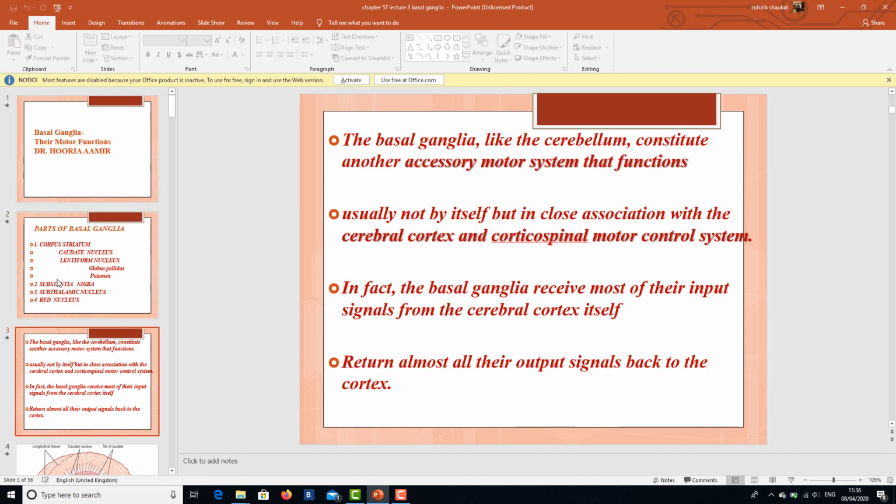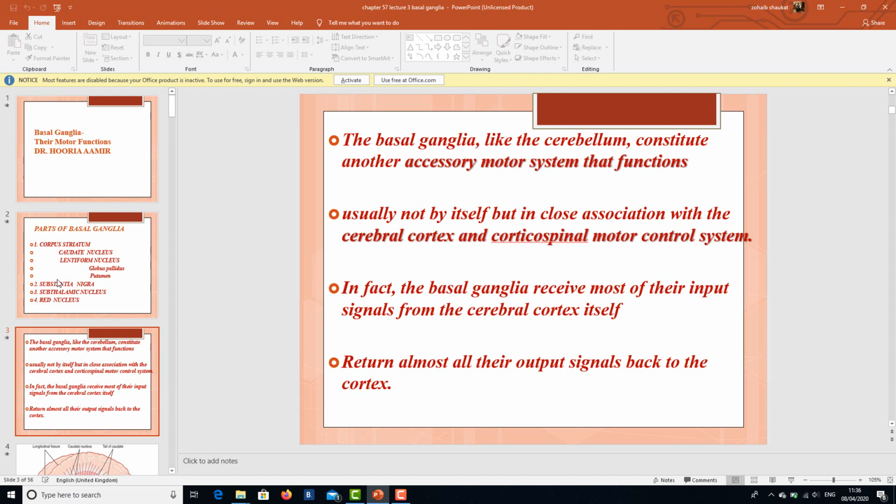The basal ganglia, like the cerebellum, constitute another accessory motor system that functions, usually not by itself but in close association with the cerebral cortex and corticospinal motor control system.